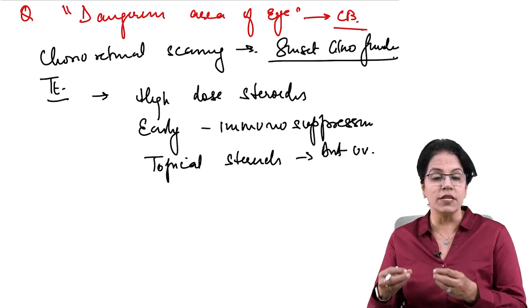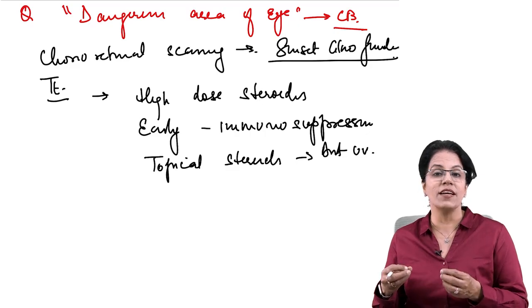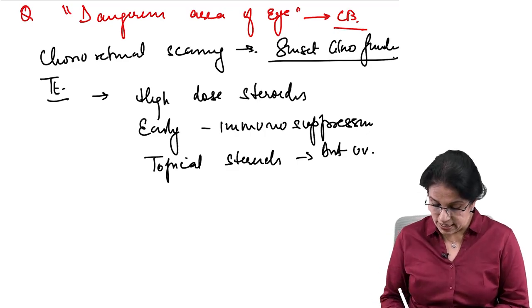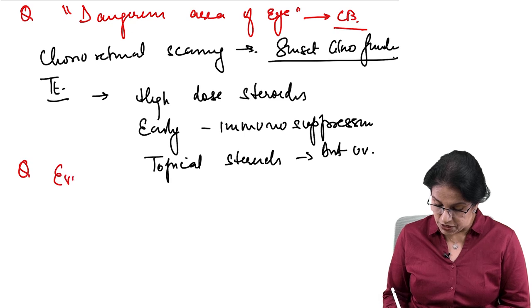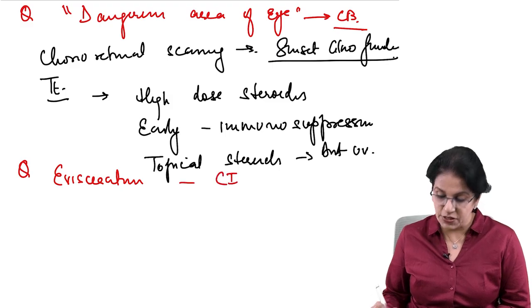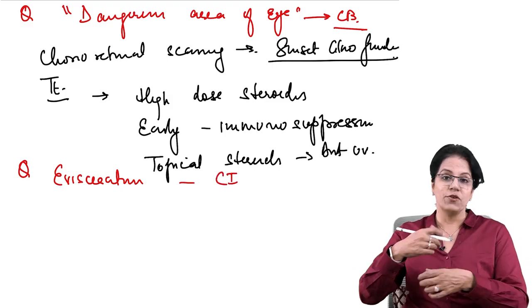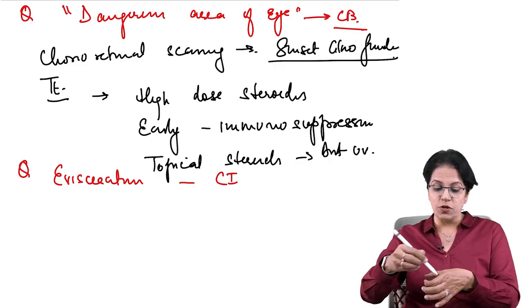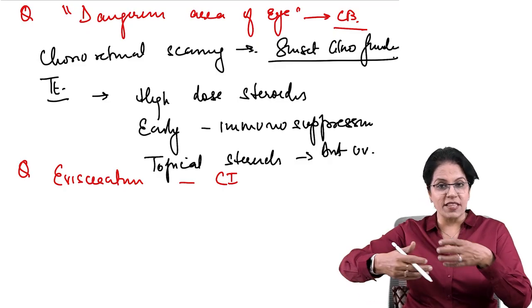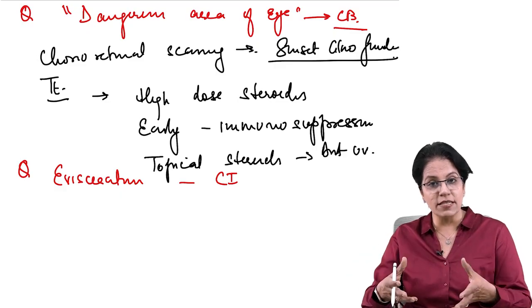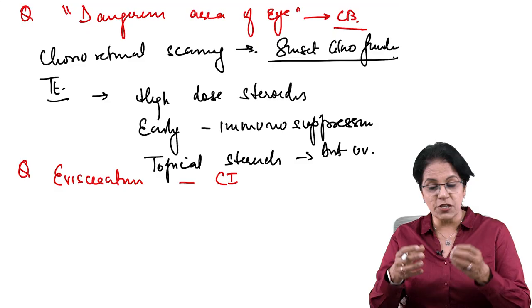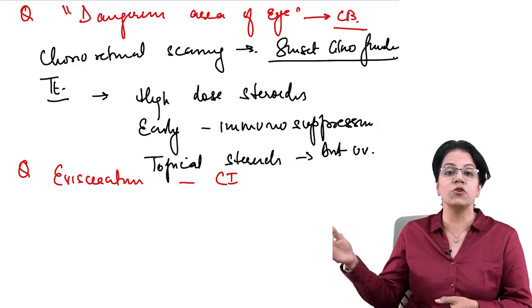Once you remove the eye, what is the choice of surgery for removing the eye? Please understand that evisceration here will be contraindicated. Why is evisceration contraindicated? Because you have learned with me in the orbit chapter how in evisceration, we cut the cornea, scoop out everything. While you are scooping, you will leave some iris, some uveal tissue. And whatever uveal tissue is left behind can incite an autoimmune reaction.